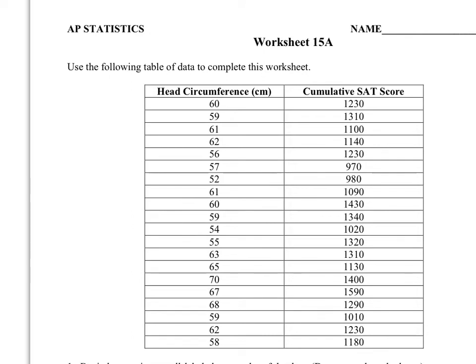is, believe it or not, somebody believes that the circumference of your head will predict your SAT score. Exactly. The bigger your head, the smarter you are. Now, do you think that we are going to reject our H naught?